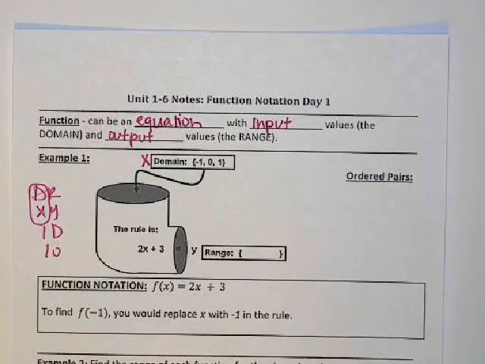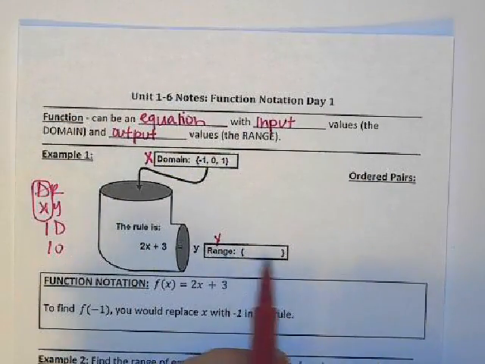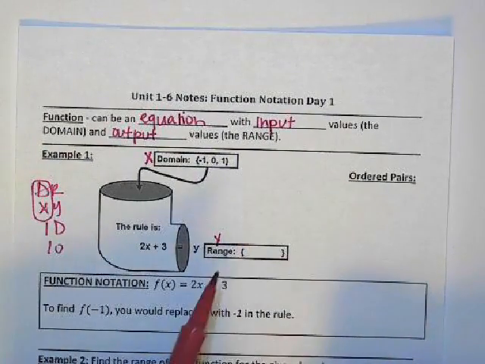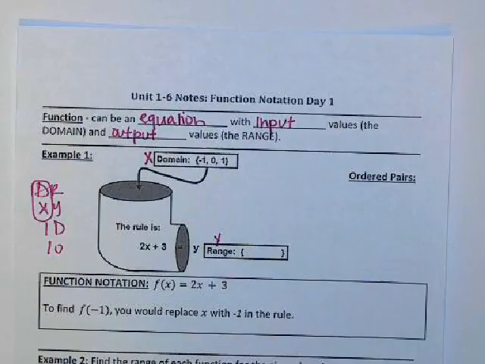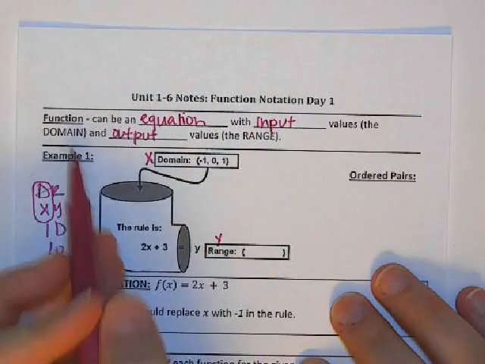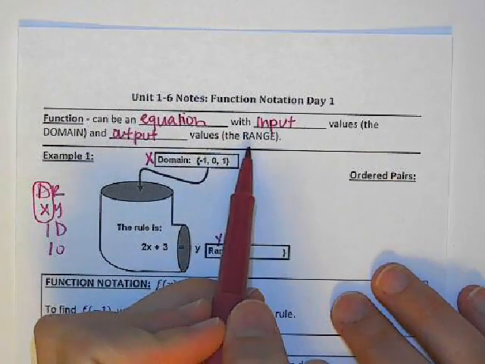The range. Do y'all see how the range right here is blank? We don't know the range yet, right? So it gives us our domains and it wants us to find our range, our y's. Well, it says our input, so what we're going to put in is our x's. And our output, what comes out, are going to be our y's.